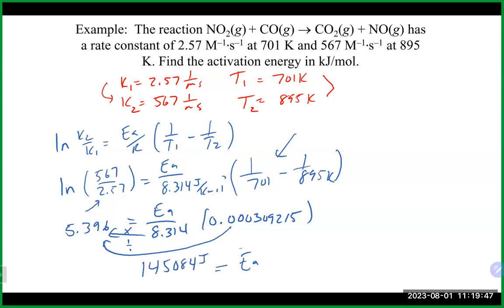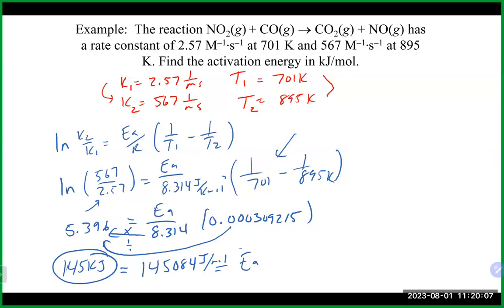The units here are joules per mole. And usually activation energy is given in kilojoules, and that would give us about 145 kilojoules. It is a positive number, as you see there, which is what you would expect it to be. It should always be a positive number.